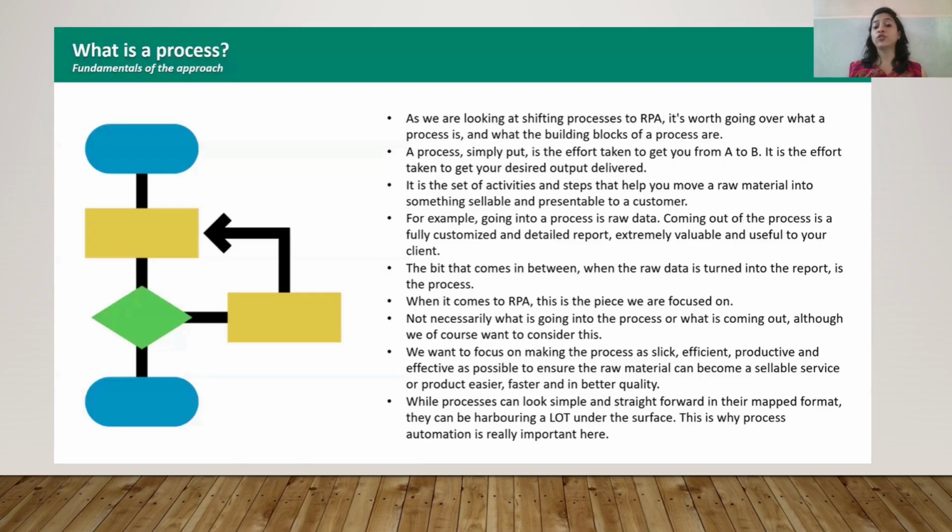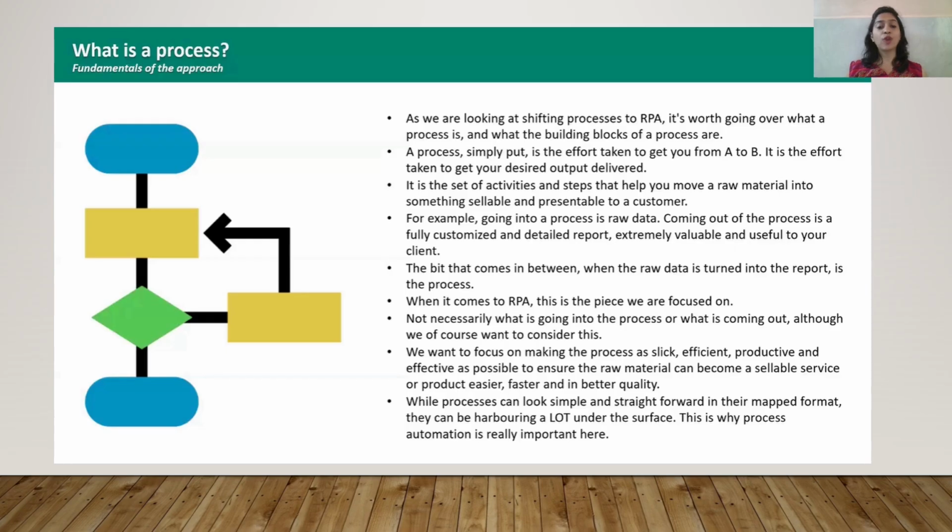For example, going into the process is raw data, and coming out of the process is a fully customized, detailed report, extremely valuable and useful to your client. The bit that comes in between, when the raw data is turned into a report, is the process, right?